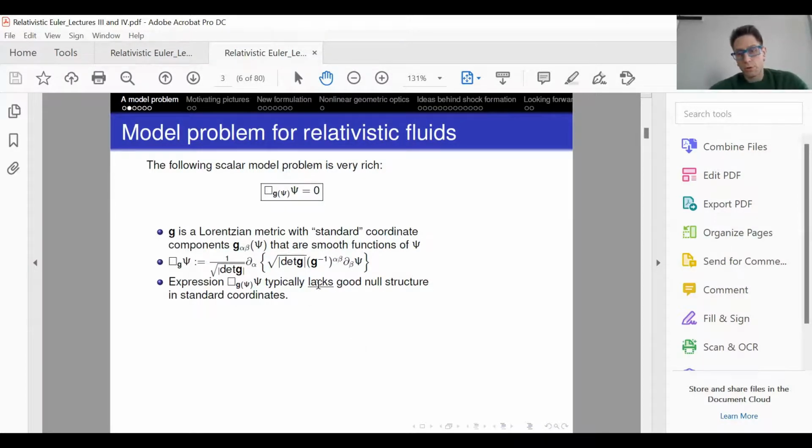And usually there's no good null structure associated to those terms when you expand things out. That's the generic thing, that you have nothing like a null condition. There's exactly one equation of state, like a minimal surface equation, where you do have a null condition. But for all the other equations of state, your favorite version of the null condition fails in this coordinate system.